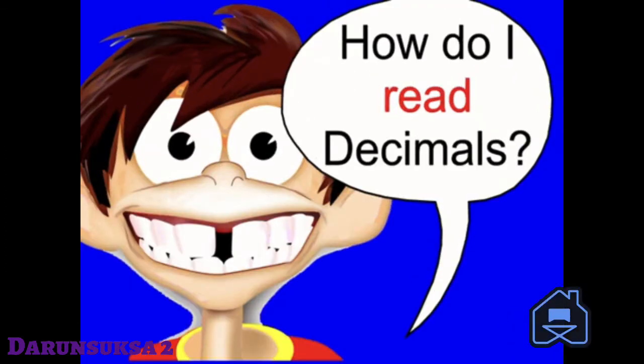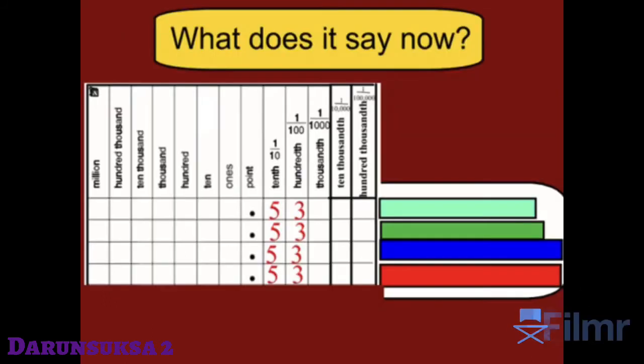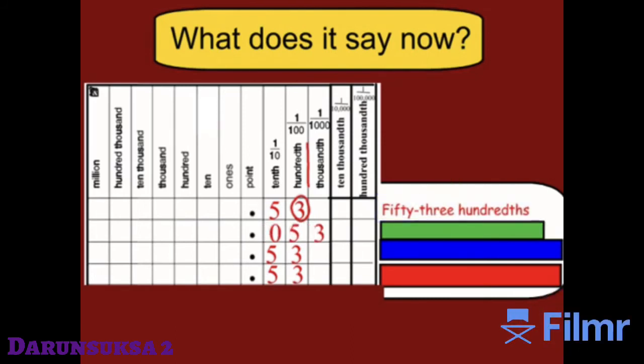So how do you read decimals? Well, this is the number 53. If I were to take that number and place it behind the decimal point, this first example, the 3 is in the hundredths place, so that would be 53 hundredths. 53 hundredths. What if I took 53 and I moved it over 1?